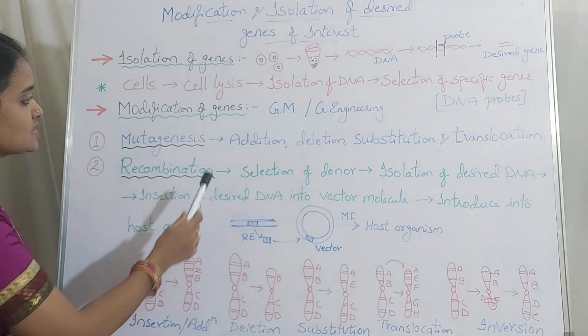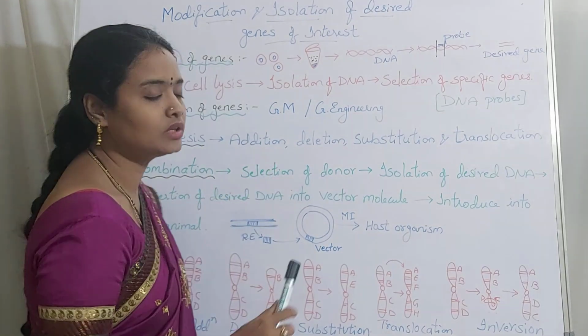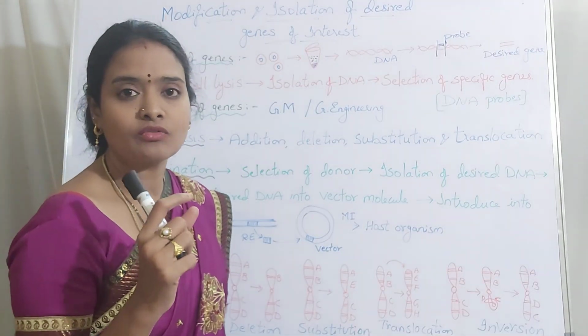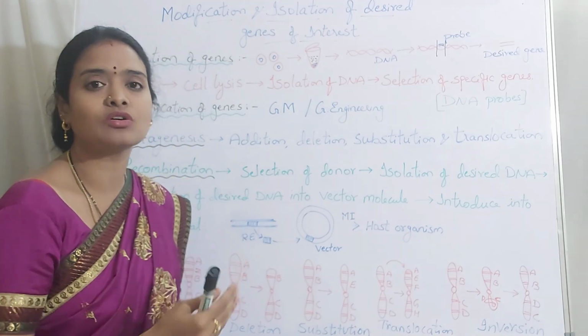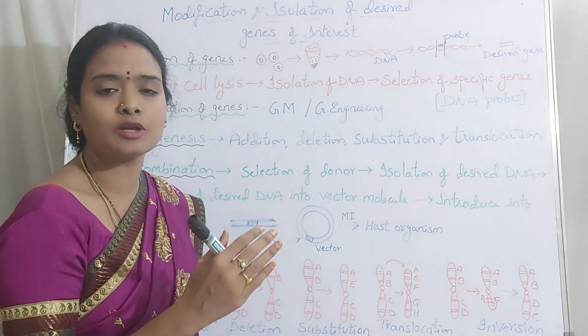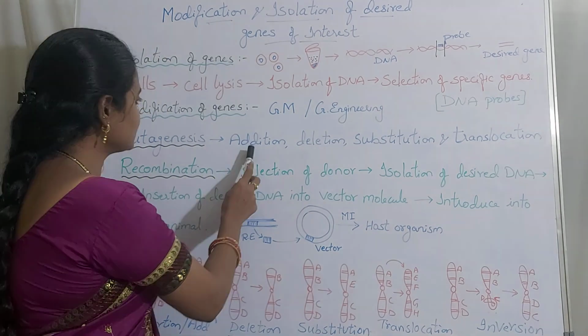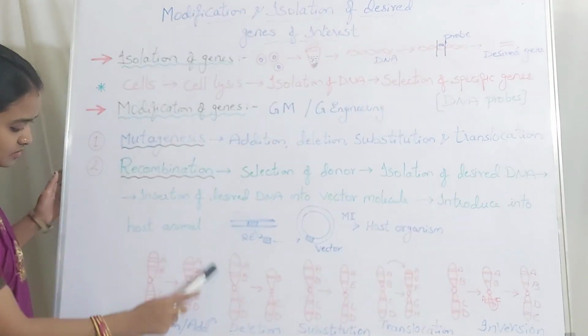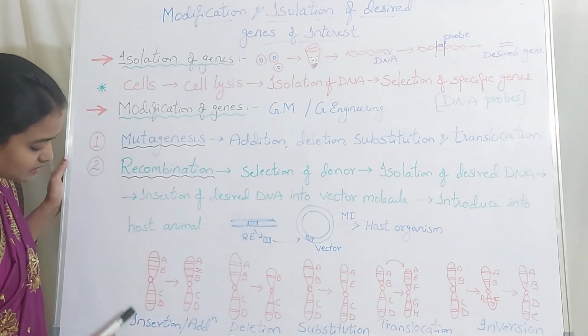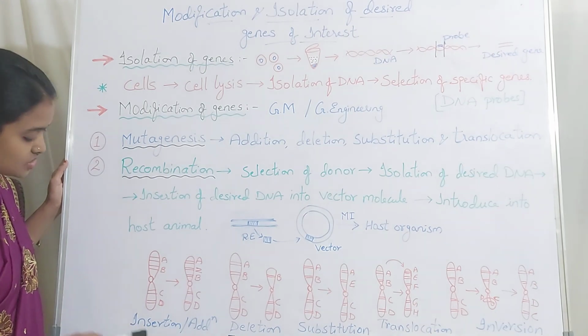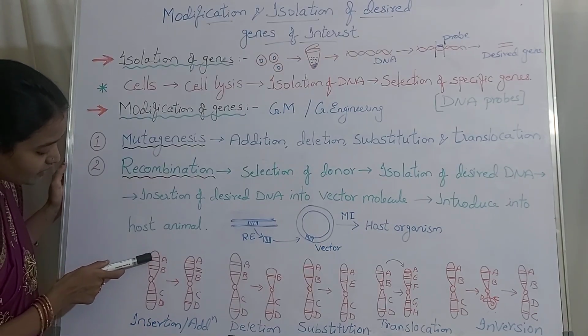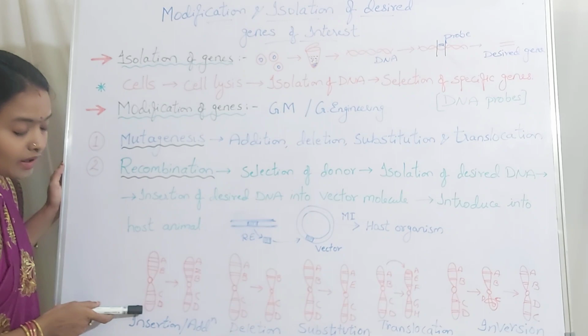Right? So in this case you can modify only that particular region where the gene has to be present or replaced, or it can be substituted. So let us see the gene addition here. Look at this picture. So here in the gene addition or gene insertion, in the chromosome you have A, B, C and D. Right?